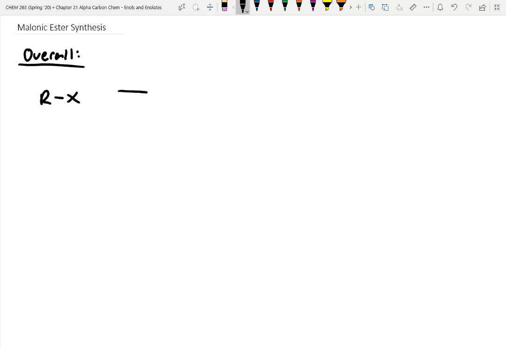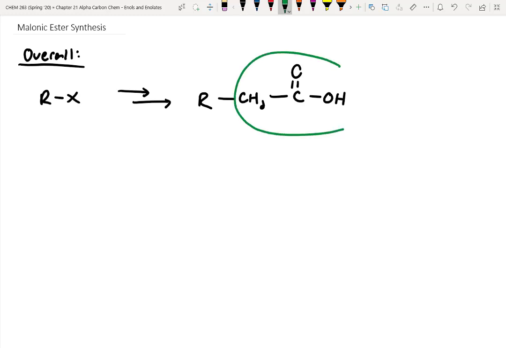And after a handful of steps, what's going to happen is you're going to add a CH2 group, a carbon, and an OH. So really what you're going to be doing is adding this entire group onto the position that used to be the halogen site, right?